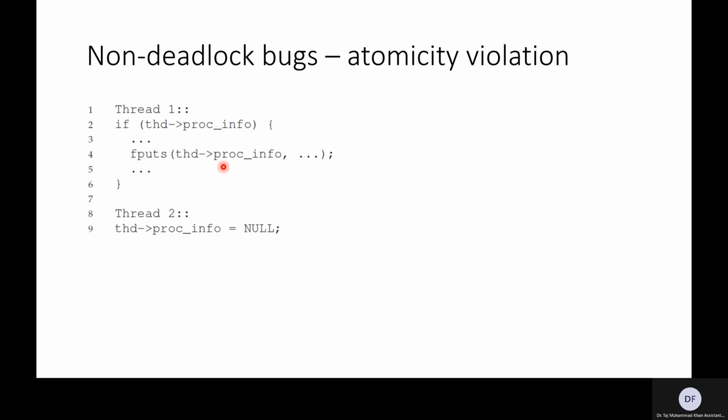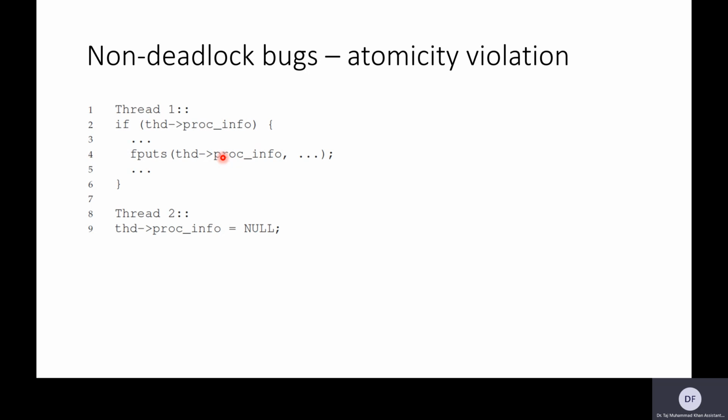But this assumption holds only if our program is a single threaded program. In a multi-threaded program, even though it looks true that if we are in the if body then thread arrow proc info must be not null, this might not be the case.